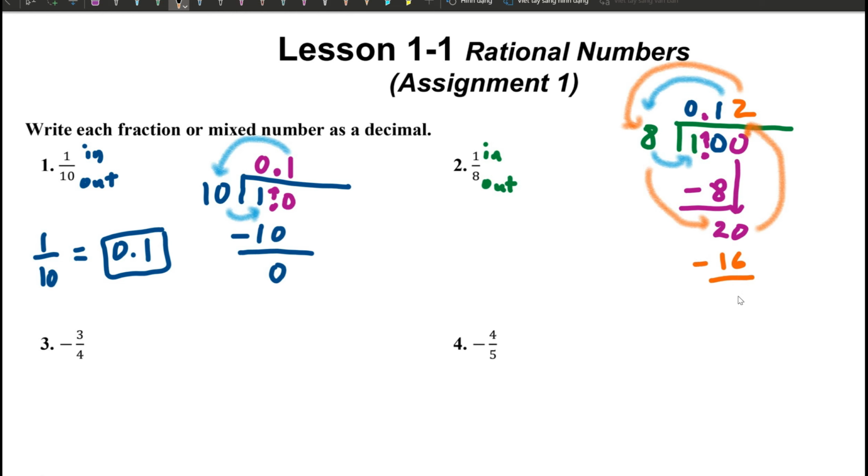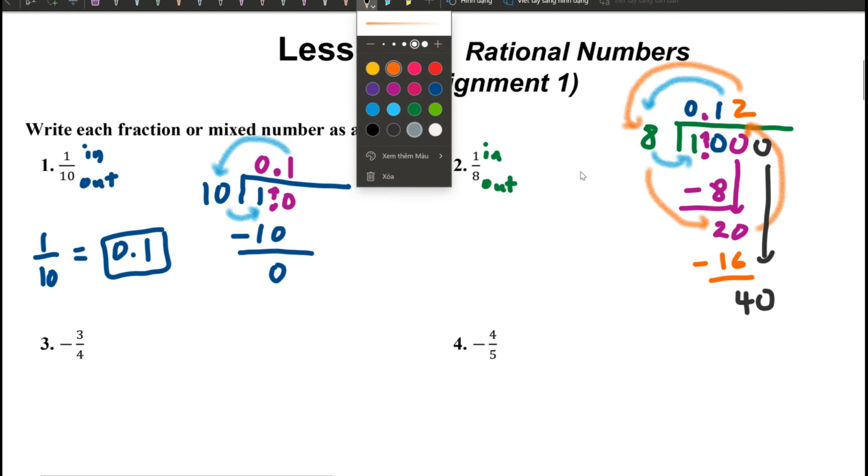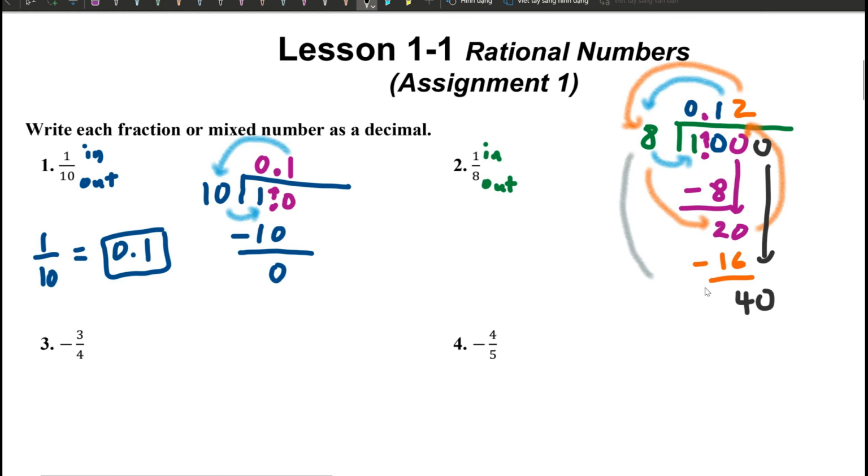Draw the line, change the sign. 20 minus 16, which is 4. Then we're going to bring down the next 0. 8 goes into 40, which is 5 times.